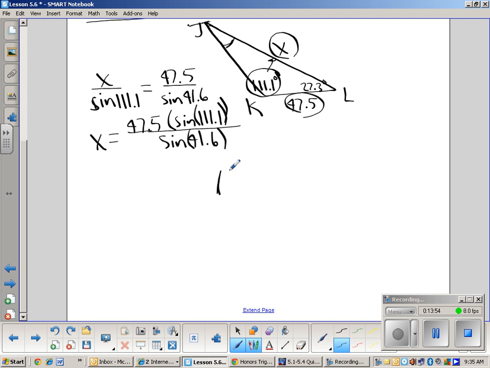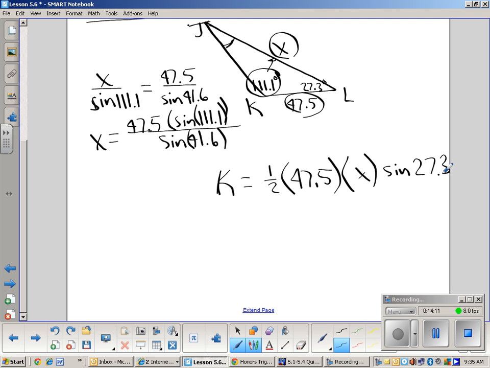We can say K is our area equals 1/2 of 47.5 times x times sine of 27.3, right? The angle between them. So do you agree with that? Okay.